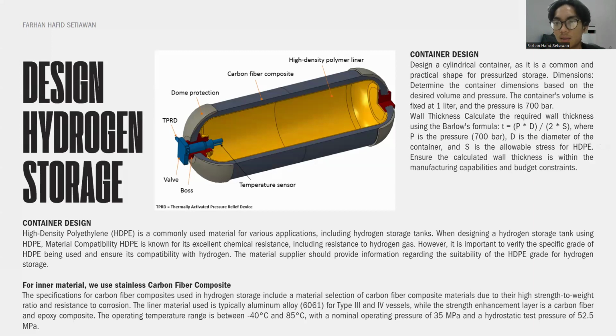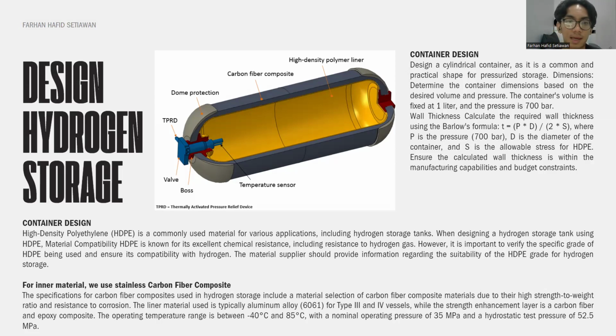For the wall thickness, calculate the required wall thickness using the formula T equals P multiplied by D per 2 multiplied by S, where P is the pressure, specified as 700 bar, D is the diameter of the container, and S is the allowable stress for HDPE, or in this case the carbon fiber composite too. Ensure the calculated wall thickness is within manufacturing capabilities and budget constraints.